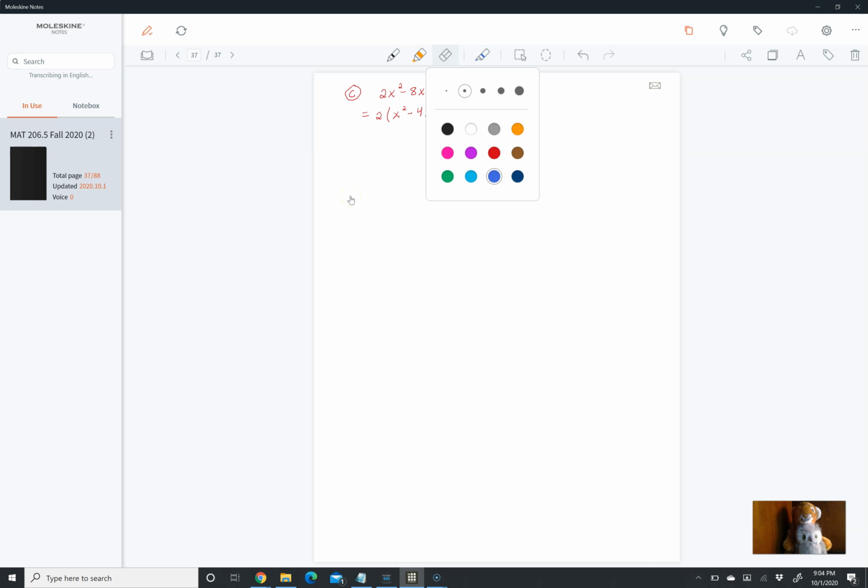So we're looking for two numbers that add to our b and multiply to our c. So our b is -4. So we're looking for two numbers that add to -4 and multiply to our constant, right? And those two numbers are going to be -5 and +1.